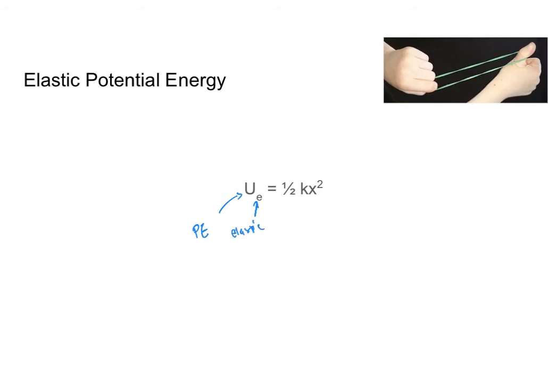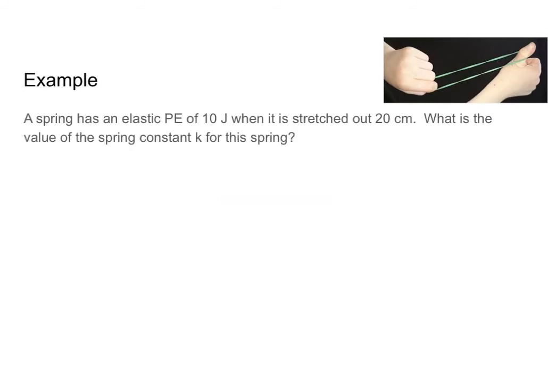And then we can see that our elastic potential energy is equal to 1/2 times K, which is our spring constant, so that's kind of how stretchy our elastic is, times x squared, where x is how far it is stretched. So I'm going to have the stretch distance. And so you can see here that elastic potential energy refers to things like rubber bands. We can also use it for springs because we're looking at stretching and compressing and how that affects our energy. So let's look at an example.